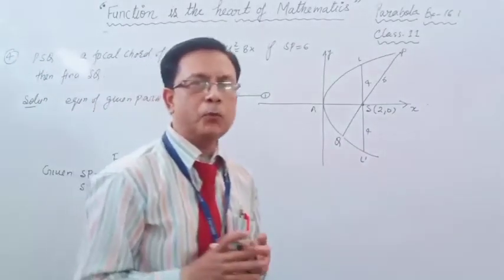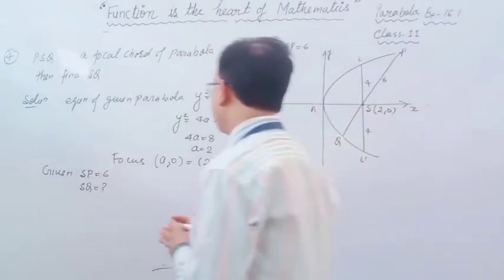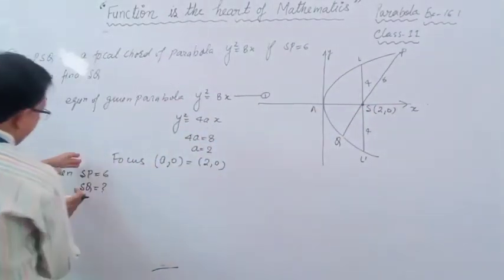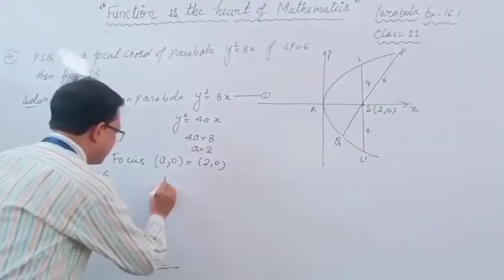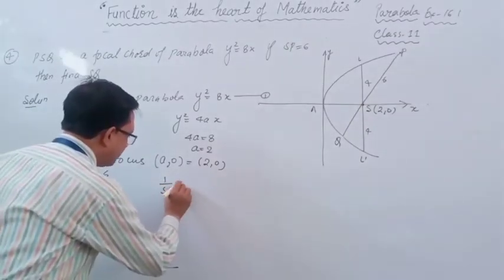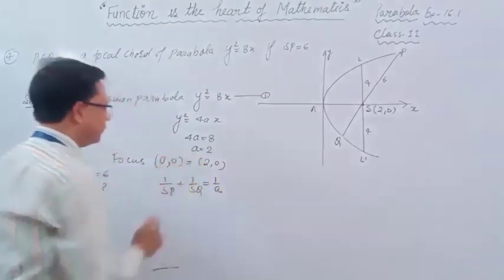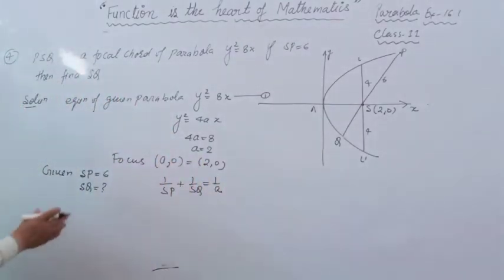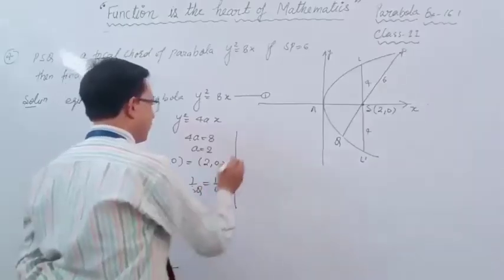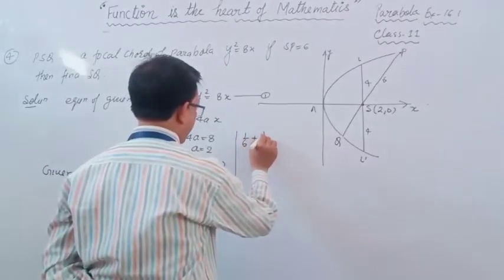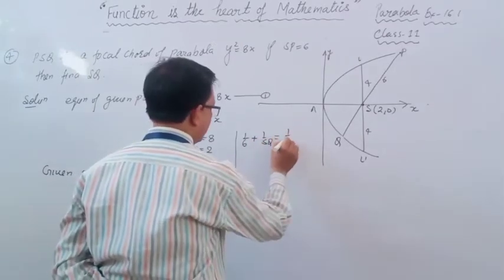We already proved that if any focal chord passes through the focus, then the relation between SP and SQ is 1 upon SP plus 1 upon SQ is equal to 1 upon a. Now we substitute the values. So 1 upon 6 plus 1 upon SQ equals 1 upon 2, since the value of a is 2.